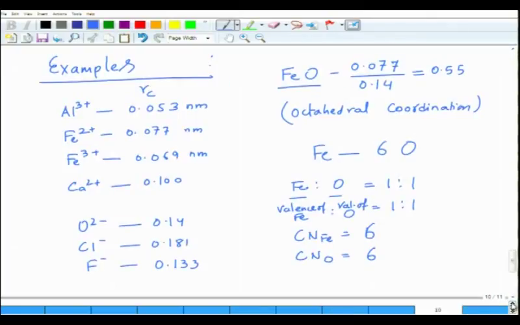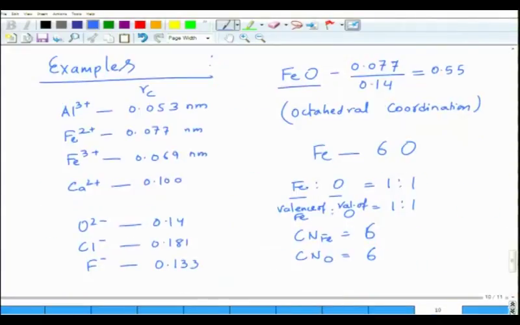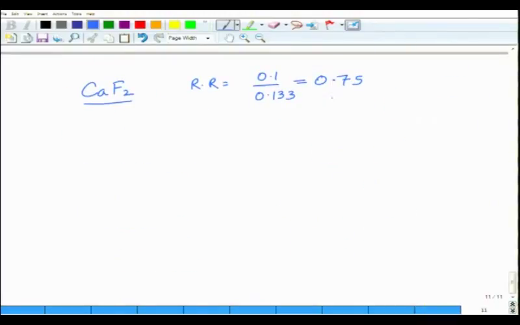If you look at 0.75, this is here. So it tends to follow 8-fold coordination.